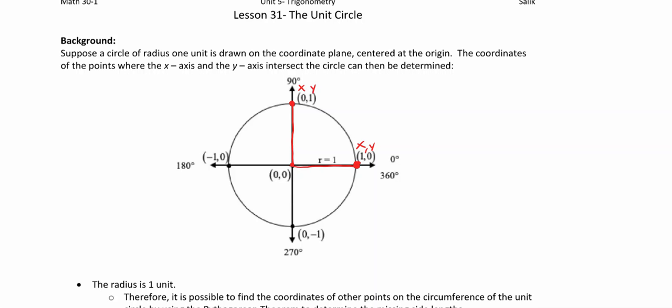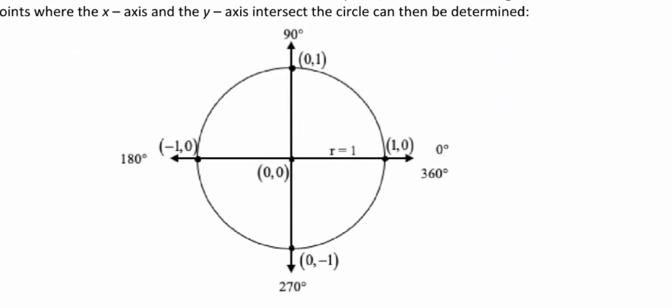Now, let's look at it in a different situation, though. Let's look at it where we have a point, let's say right here on the unit circle. And I'm going to make that point just a generic point (x, y). Then I'm going to draw my line from the center, from the origin, out to there.